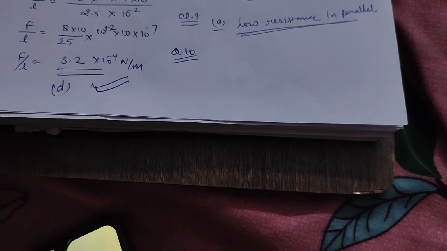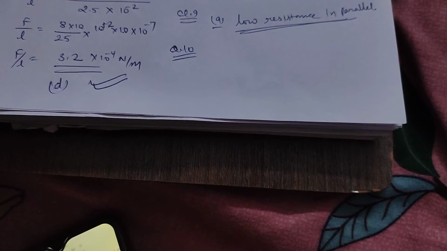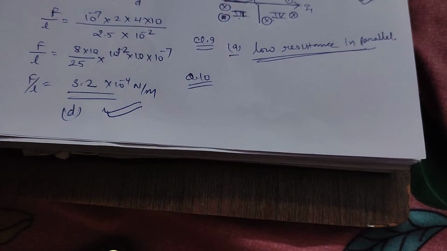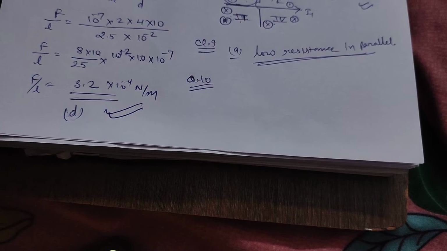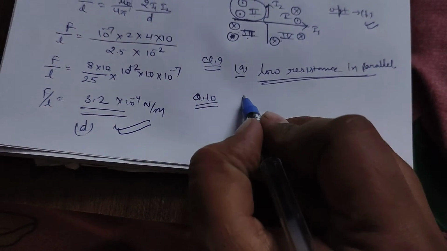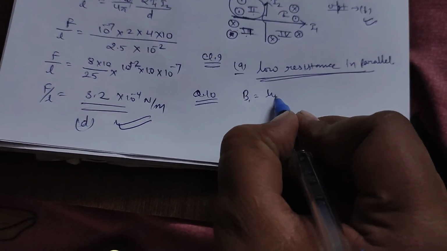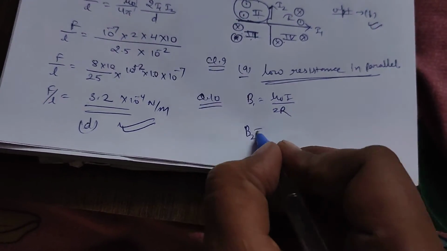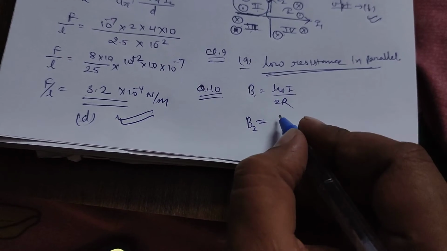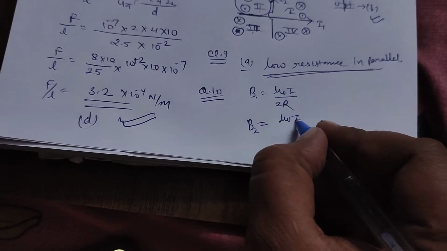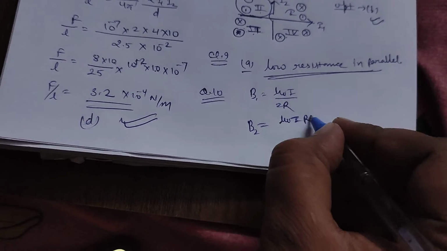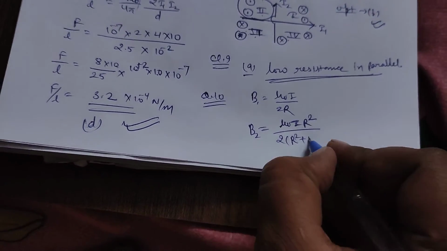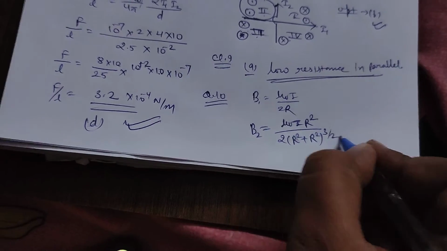In question number 10, the magnetic field at the center of a current carrying circular loop of radius r is B1. So B1 is equal to mu naught I upon 2r, and for B2, it is on the axis of the current carrying coil, that is mu naught I r square upon 2 times (r square plus r square) to the power 3 by 2.